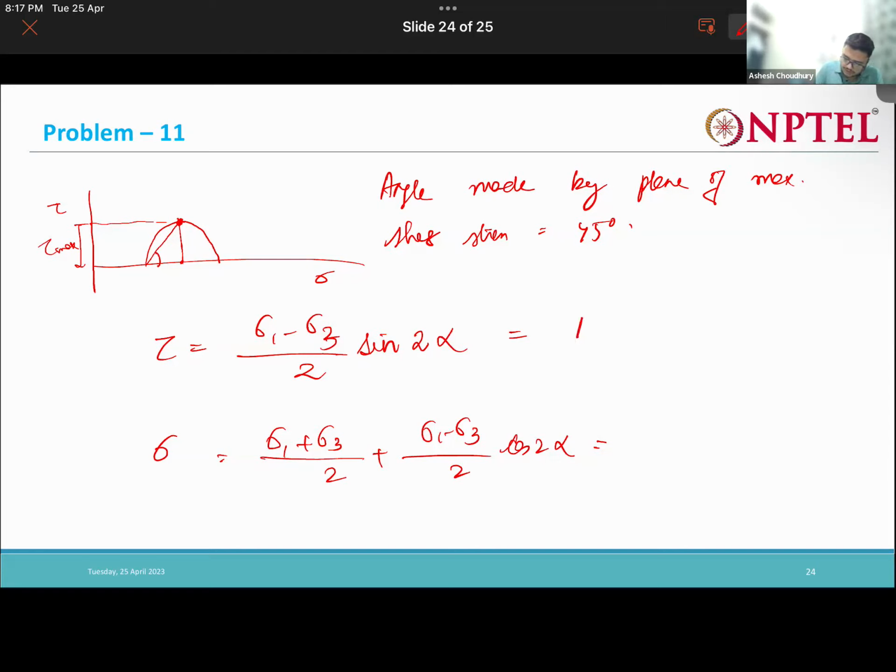This will come out as 1.56 per meter square. Okay.